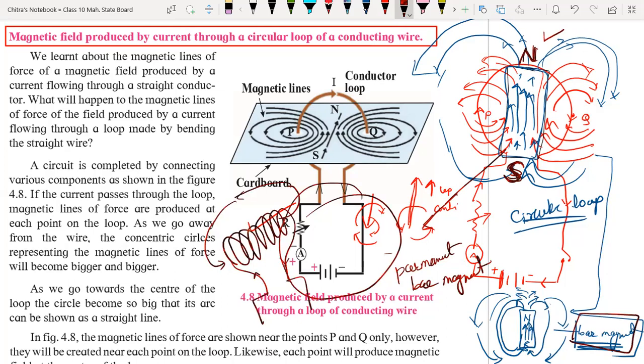You will find that the magnetic lines of force are similar to the magnetic field produced by the permanent bar magnet.